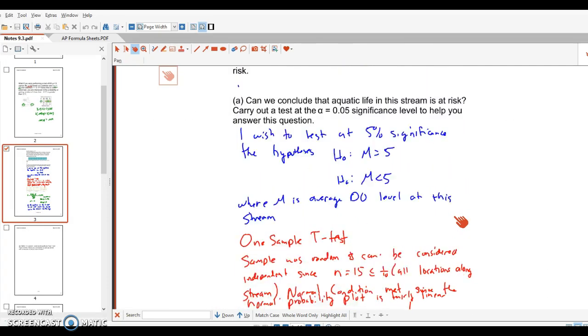Okay, so let's go back up to our hypotheses. Type 1 error is rejecting the null incorrectly. So that would be if I said that the null was wrong, therefore concluding that the dissolved oxygen was less than 5, when in fact it actually wasn't. So if I concluded as the researcher that the dissolved oxygen level is less than 5, therefore the aquatic life in the stream is at risk, when that's not true, that could lead to the additions of unneeded chemicals, perhaps.